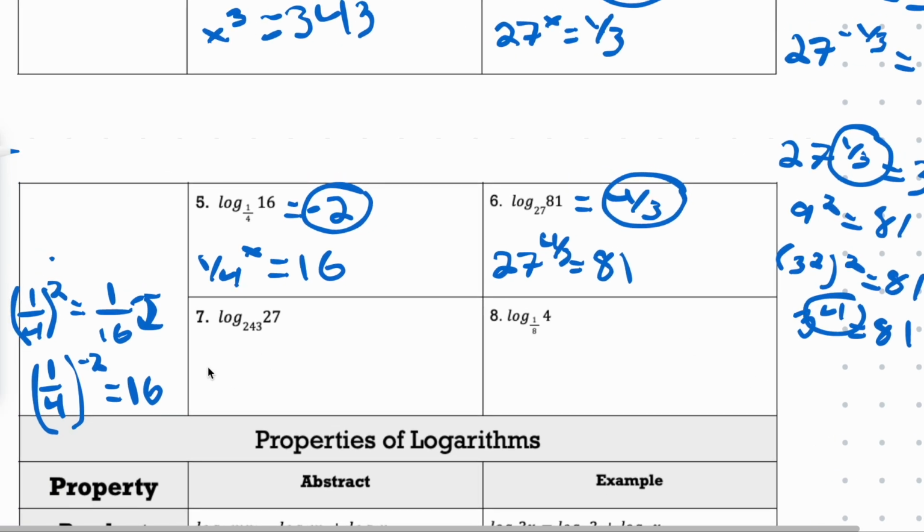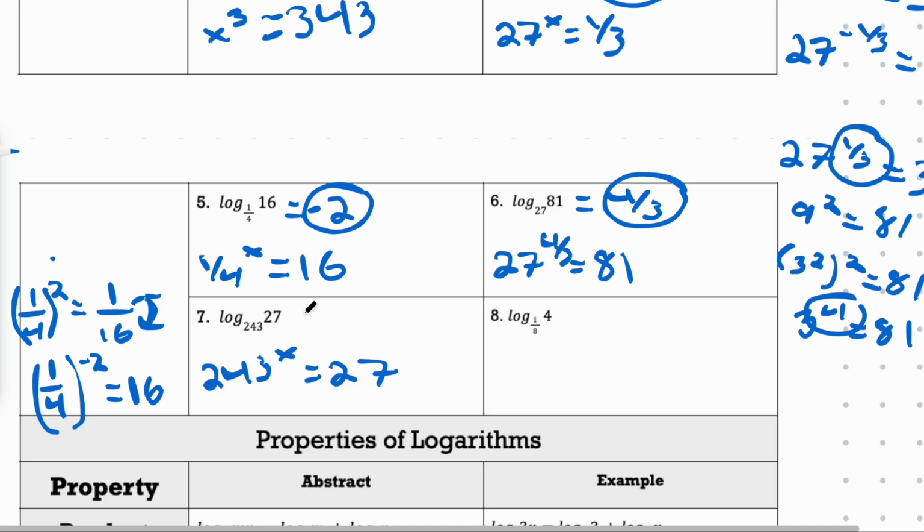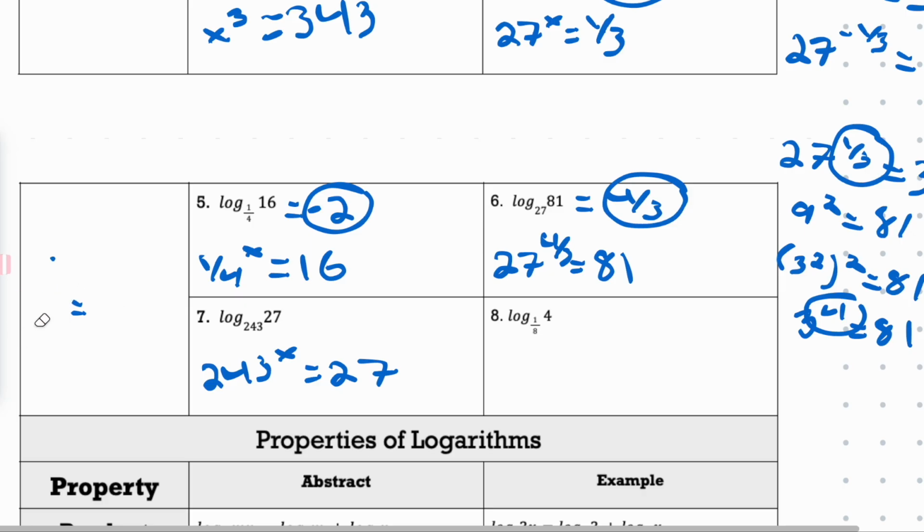Here we have 243 to the x power equals 27. Now, I'm actually going to erase some of this, if that's fine. You can just rewind if you need to look at it. And so here, I see something similar. I see this 27. When I see 27, I'm immediately thinking about 3.